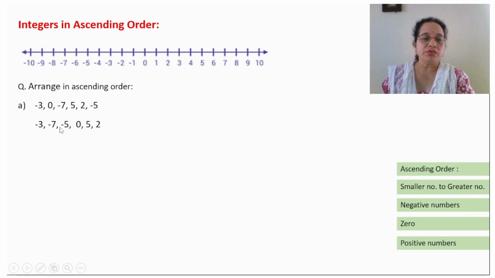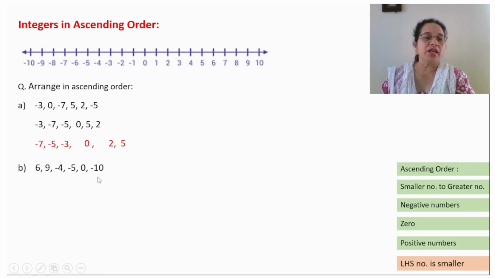Now these numbers we will arrange in ascending order. This negative numbers which is the smallest number over here, -7 and then -5 and then -3. Now if 0 is there, write down 0, and now these positive integers arrange this in ascending order. So 2 and 5. So this one is the final answer.